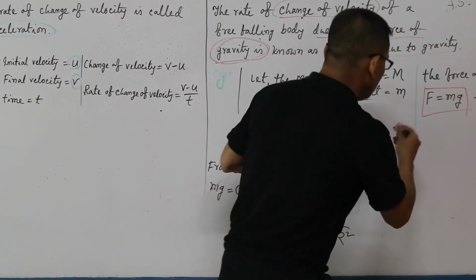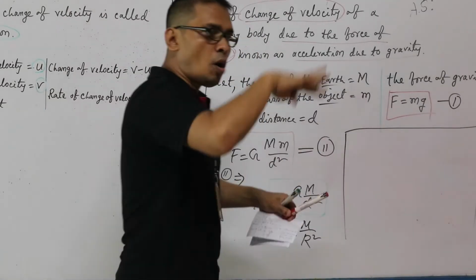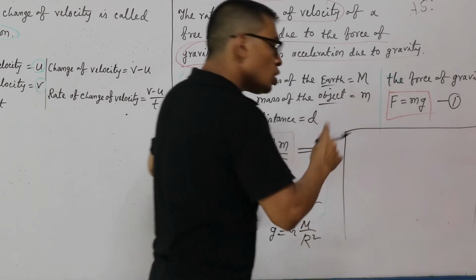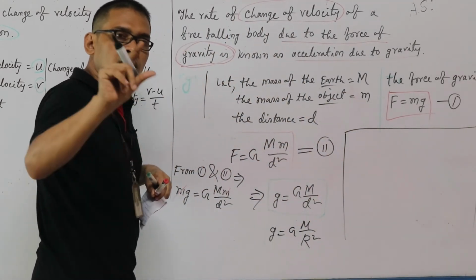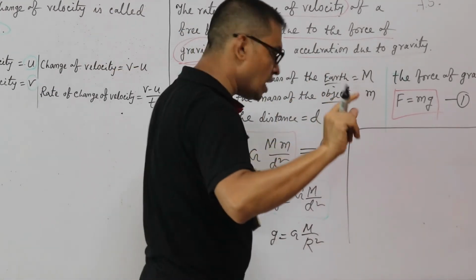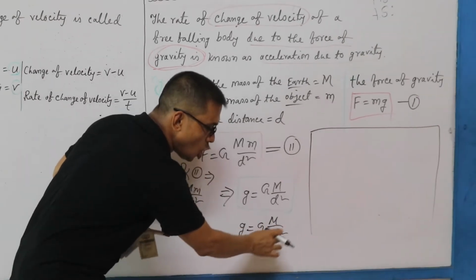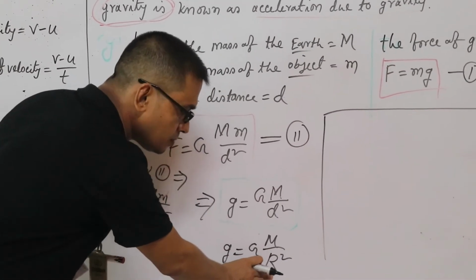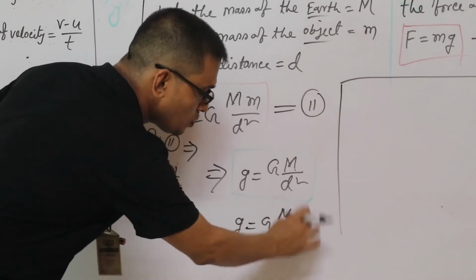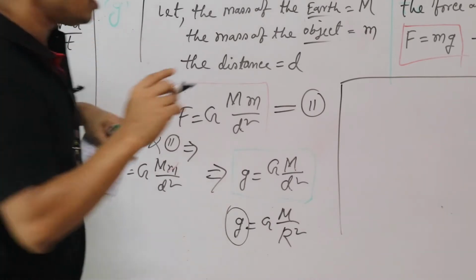At polar region, the earth is basically compressed, so the distance between the earth's surface and center at polar region will be very less, and if the value of d or r decreases, then the value of g, that means acceleration due to gravity, will increase.